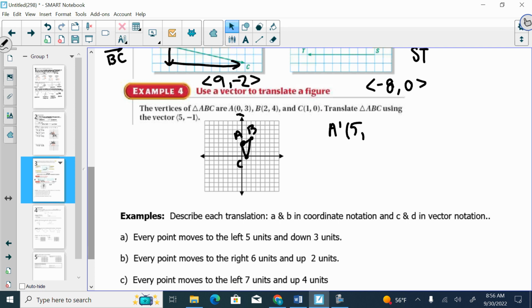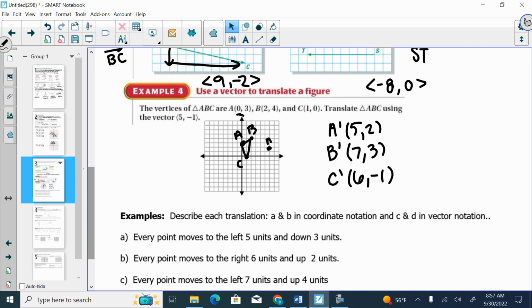Good. All right, for B prime, what are my new coordinates going to be? 3, good. And for C prime? Good. All right, so then you would plot those points.